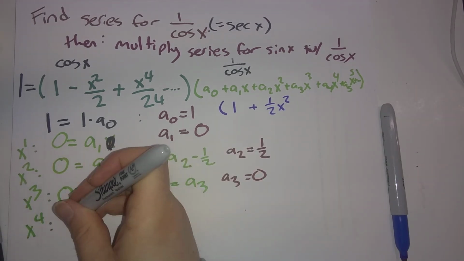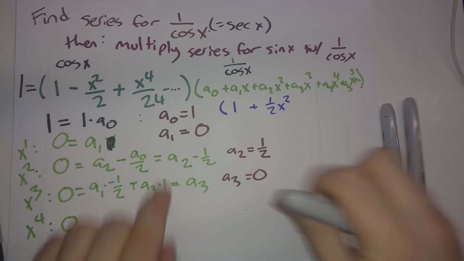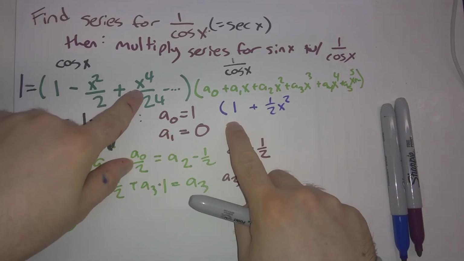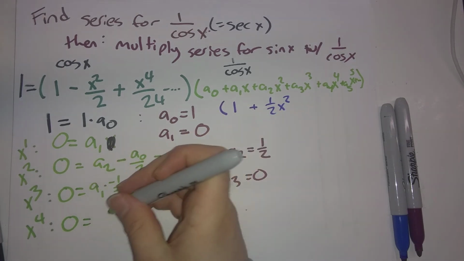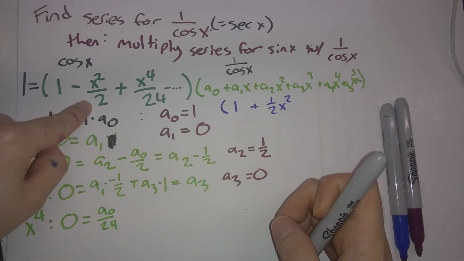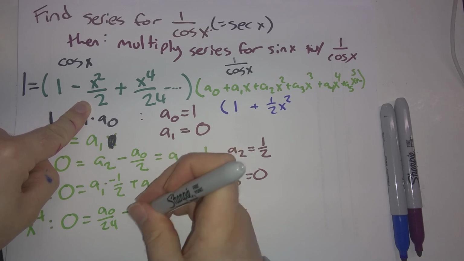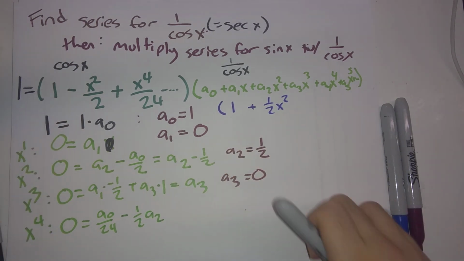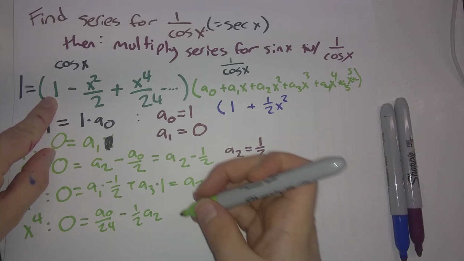x to the fourth now, the coefficient over here is 0, and there are 3 ways that we can make x to the fourth here. x to the fourth divided by 24 times a0, so that's a0 divided by 24, minus 1/2 times a2, and plus 1 times a4.